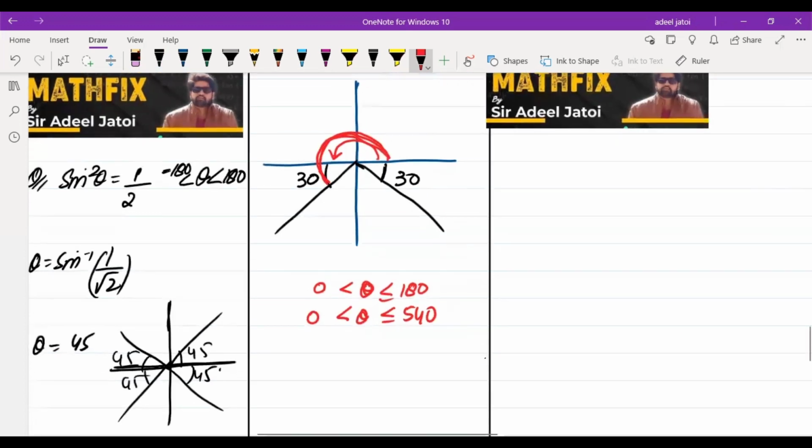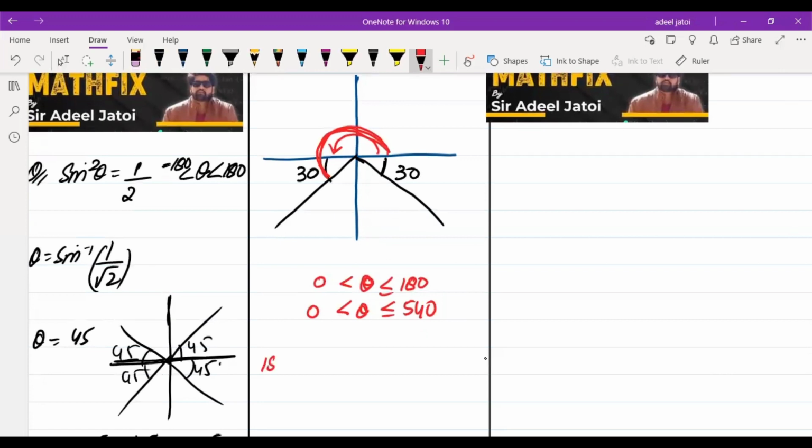So the first angle should be 180 plus 30, which will be 210. Your second angle will be here, 360 minus 30, so we know that it is 330.